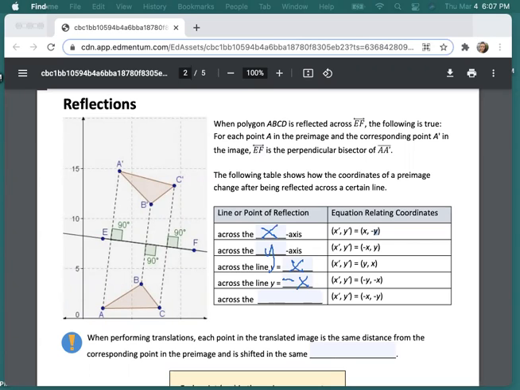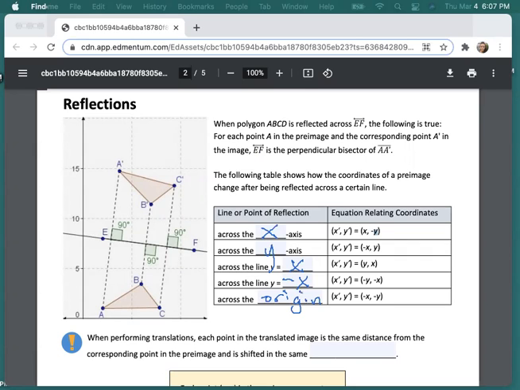Across the origin, that's the point in the middle. So it would look like this, where we have negative x and negative y.